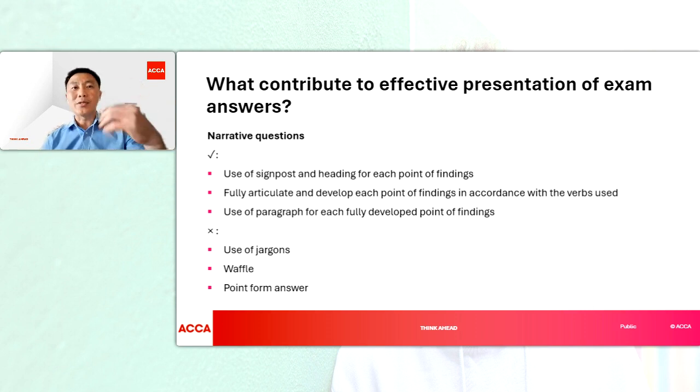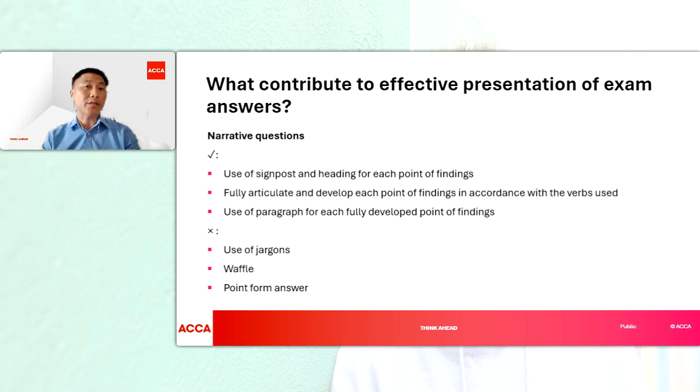Signpost, in other words a heading, lets the marking team know what exactly is the theme that you would like to articulate. Once you have a clear signpost and heading, you will then ensure the entire statement is fully articulated according to the verb as mentioned.